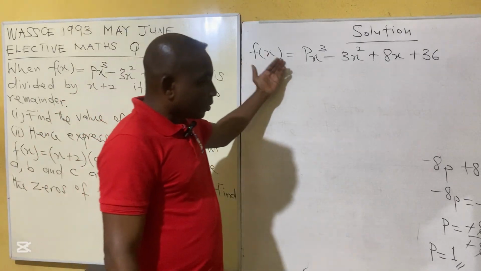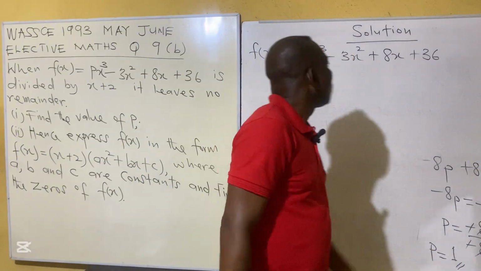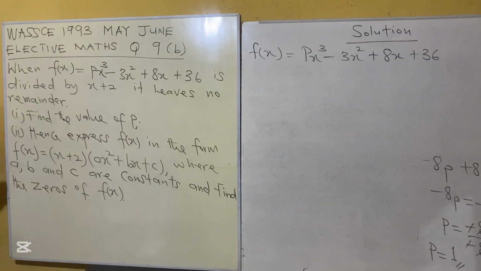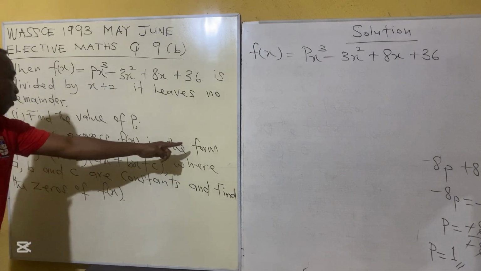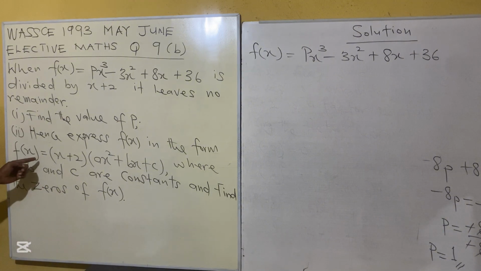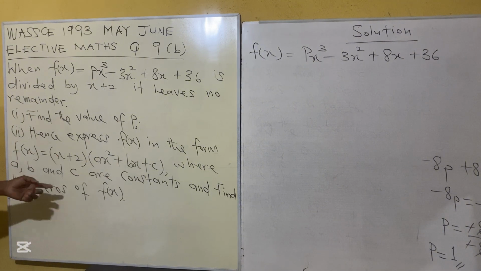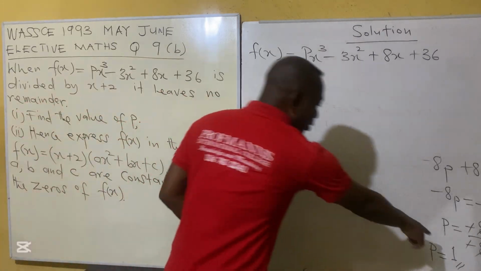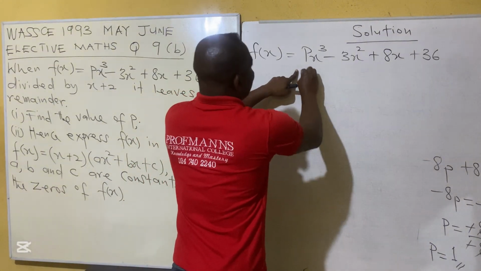For part I of the question, we calculated the value of p, which is equal to 1. Now, part II of the question says that, hence, express f of x in the form given, where a, b, and c are constants. Now that we have the value of p, let us put it in the polynomial.